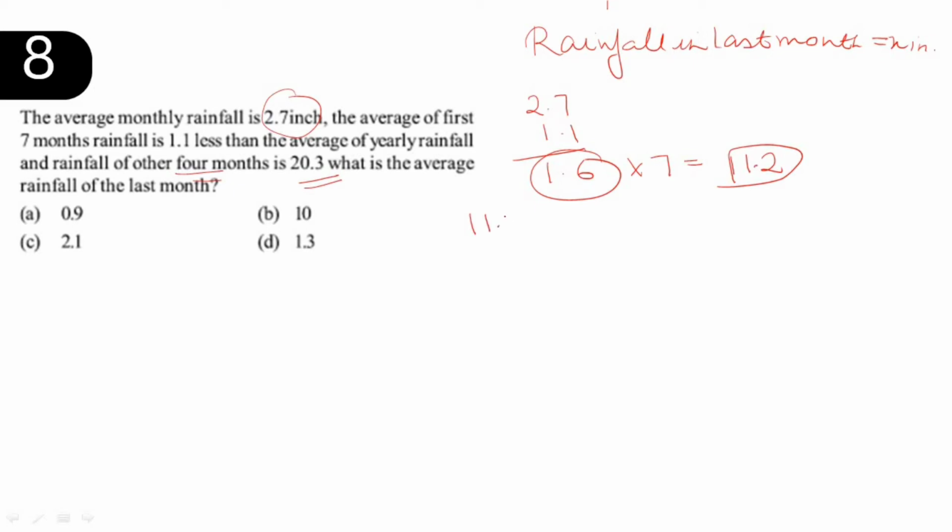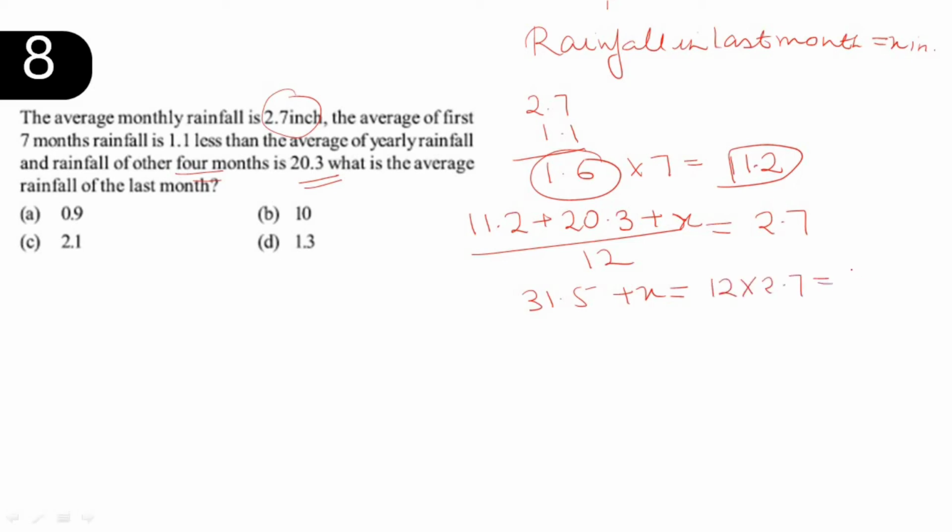7 months rainfall plus other 4 months rainfall plus rainfall of last month, upon 12, is equal to 2.7. So 11.2 plus 20.3 here comes 31.5 plus x, and what is 12 into 2.7? It is 32.4.